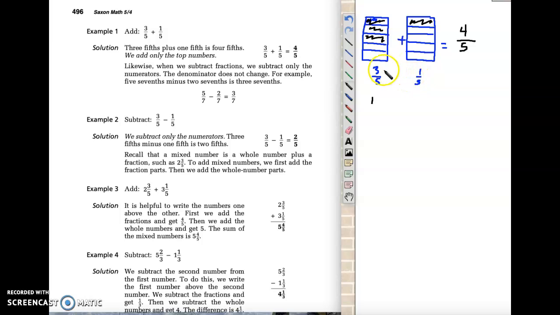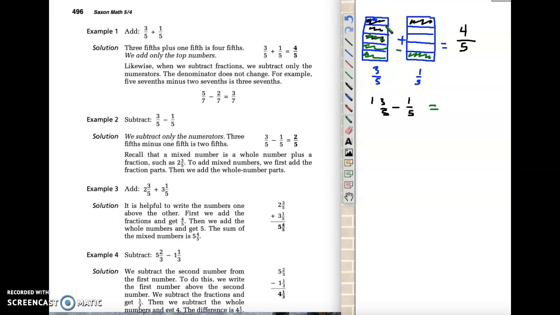Now, if I were to subtract, 3/5 minus 1/5, which is the next example, it's the same idea. I'll use a different color here, and I'm going to work from the bottom up. If I have 3/5, 1, 2, 3, and I take away 1/5, how many do I have all together?